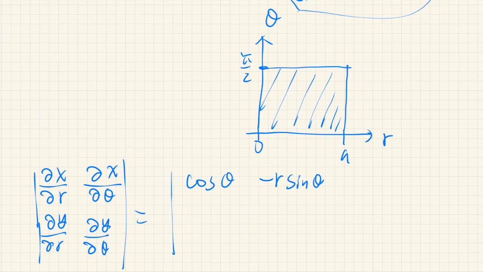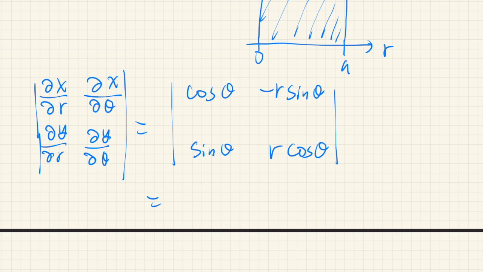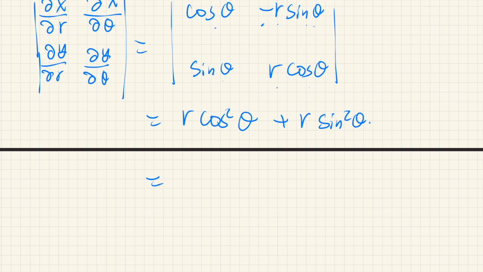We do this for y, we have sine theta and r cosine theta. So that is cosine theta times r cosine theta, that's r cosine squared theta, minus negative r sine theta times sine theta, that's plus r sine squared theta. So if we factorize, we have r times cosine squared plus sine squared, that's 1. So this is just r.